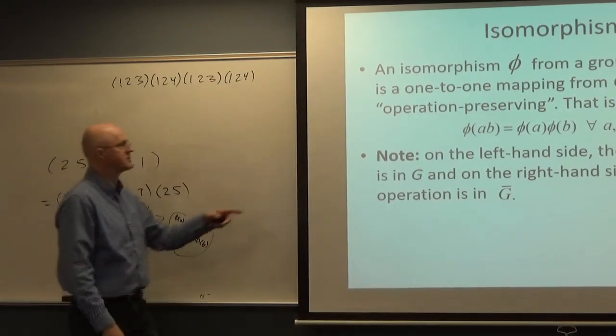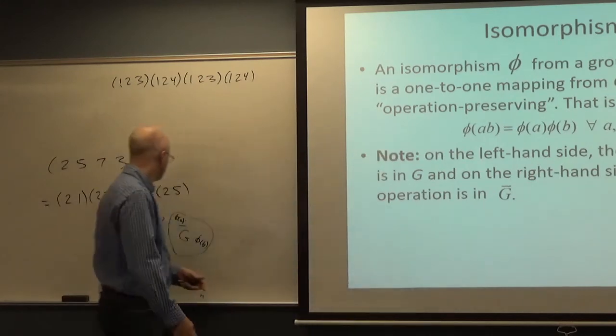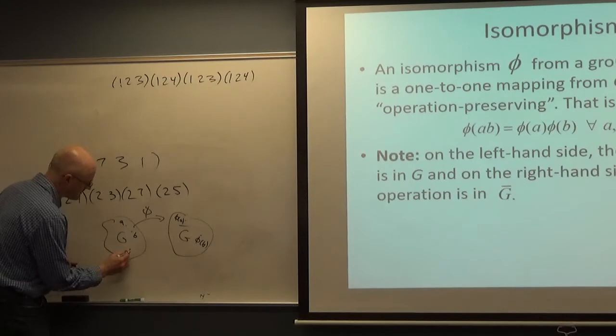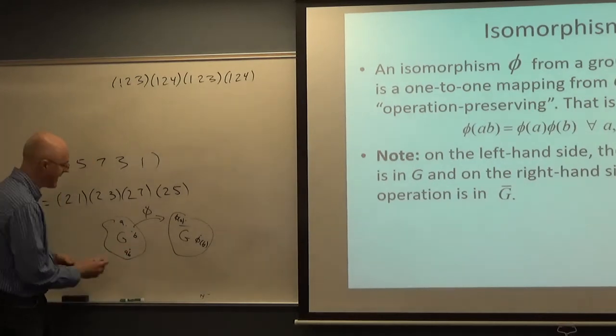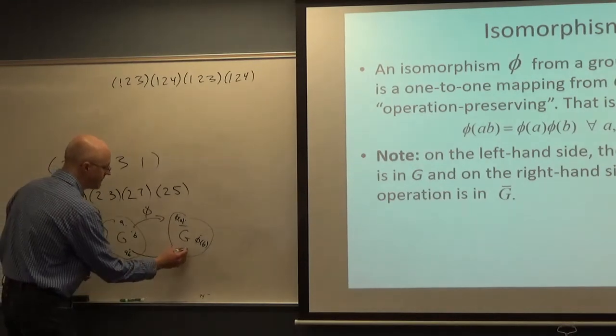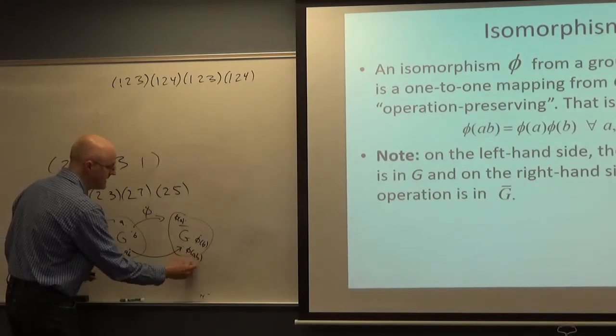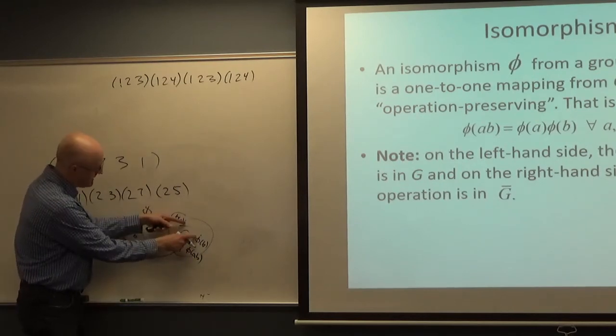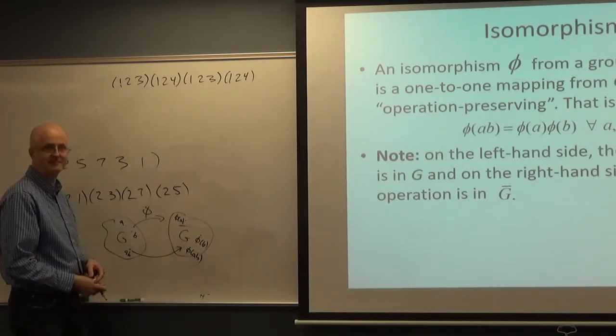This operation preserving thing is saying if you multiply A and B first to get the product A times B, and then map that over into G bar to get the point phi of A times B, you will get the same thing as if you map A and B individually and then multiply those things.